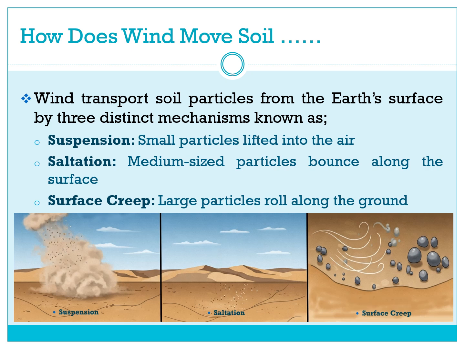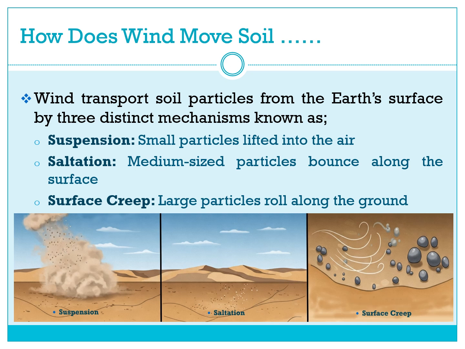How does wind move soil particles? Wind transports soil particles from the Earth's surface by three distinct mechanisms known as suspension. Fine particles, clay, silt, etc., are lifted high into the air and carried over long distances as dust cloud.